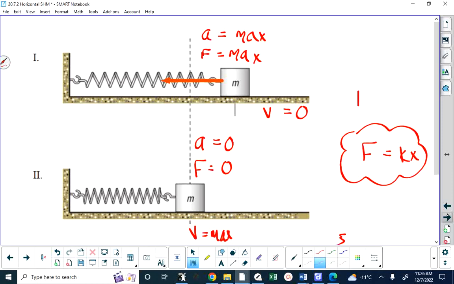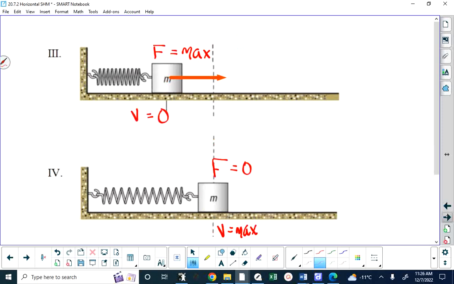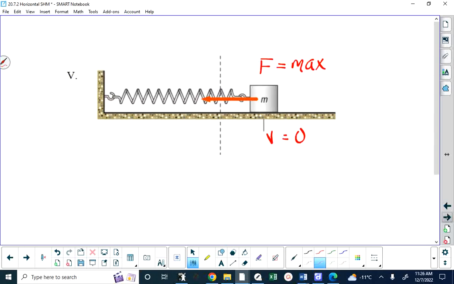So what we're doing is we're equating acceleration to the force, which is the net force, which is the spring force. By the time it gets to the other side, you have a maximum acceleration again. By the time you get back to the middle, you have zero acceleration. And then, of course, when you get back to here, you have a maximum acceleration.